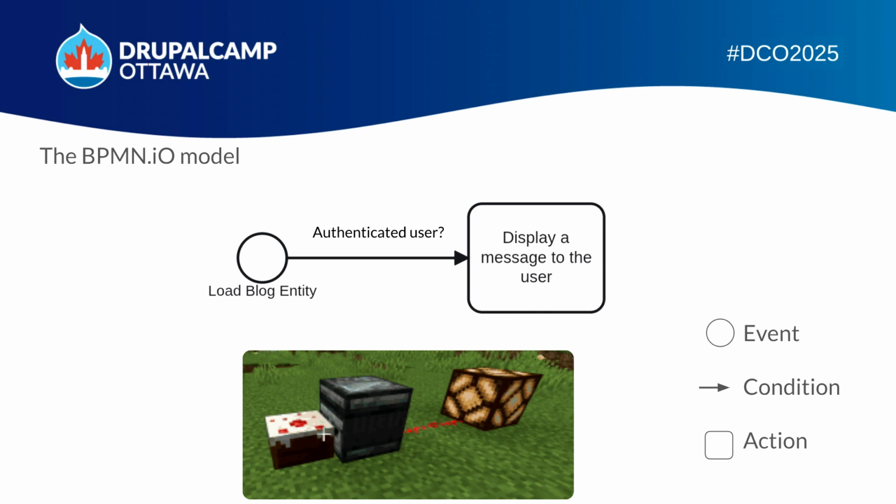So the condition we can define here is, are you an authenticated user? If yes, then keep going and execute the action. We're going to be demoing a bunch of different use cases, and this flow of events into conditions into actions is what we're going to be talking about.